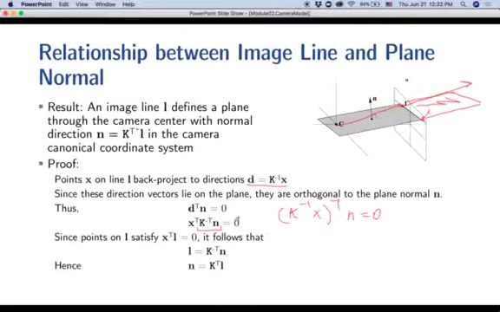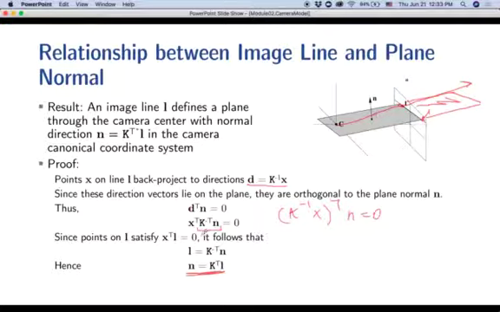So for example, a direct application of this equation would be that if I draw a line in the image, I will get a normal of that plane from this equation, and that normal will be a 3 vector. It's an R3 entity, but I will assume that this normal is relative to my camera.